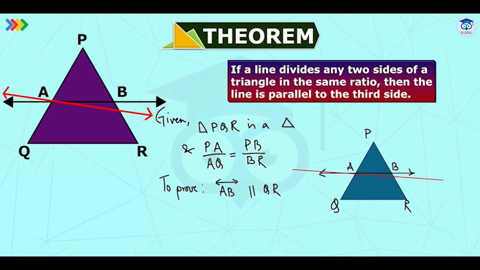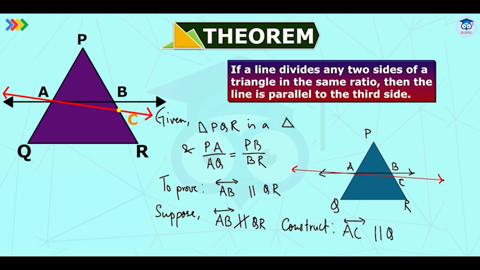Suppose this is the parallel line which is drawn. So AB is not parallel to QR, then we construct AC, with point C here, parallel to QR. So we have drawn AC parallel to QR.